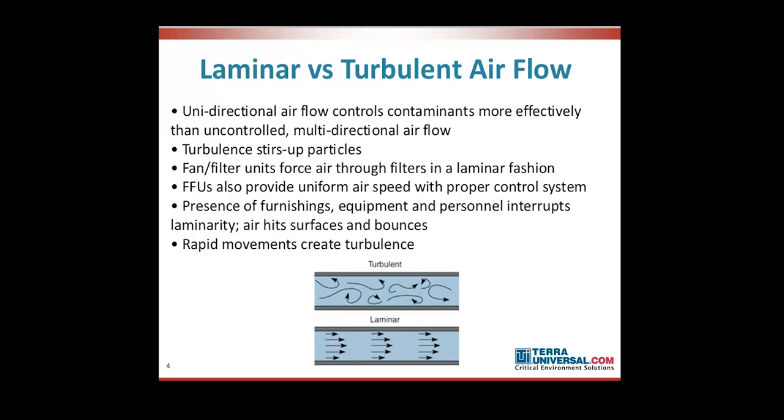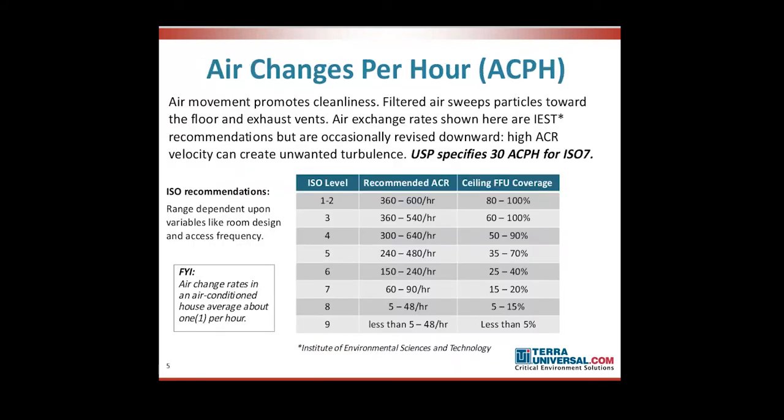Another key consideration in clean room design, of course, is the air change per hour rate. For a reference on ACPH numbers, people often look to IEST, which has been the major resource for some of these specific recommendations. As you'll notice here, IEST offers fairly broad ranges for each of the ISO classifications.